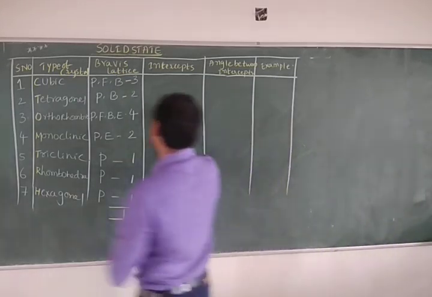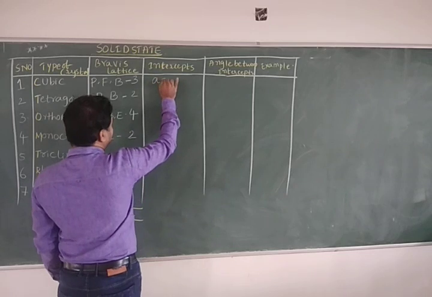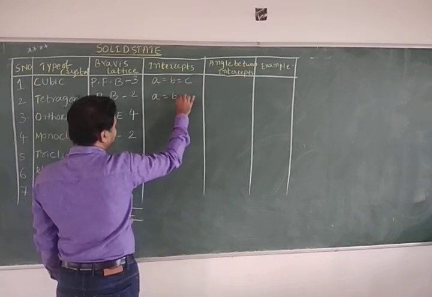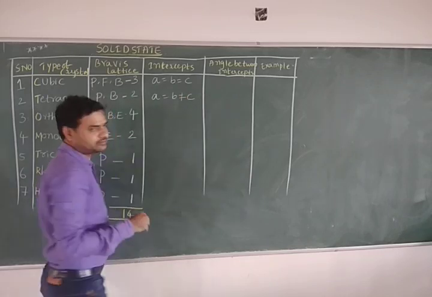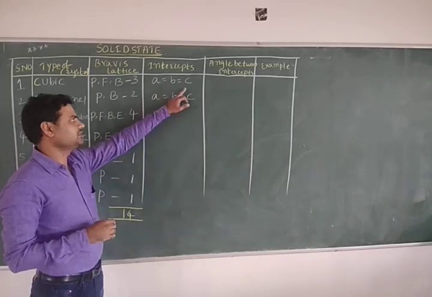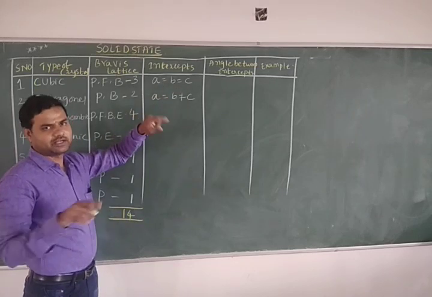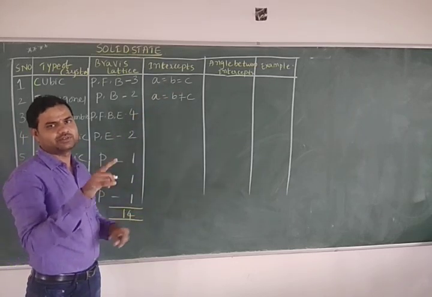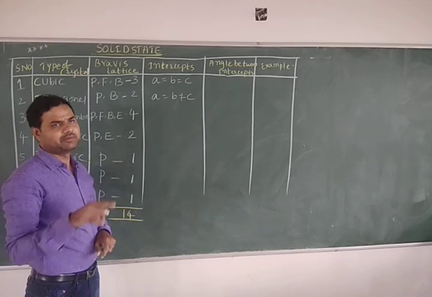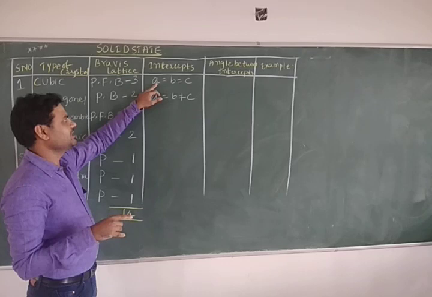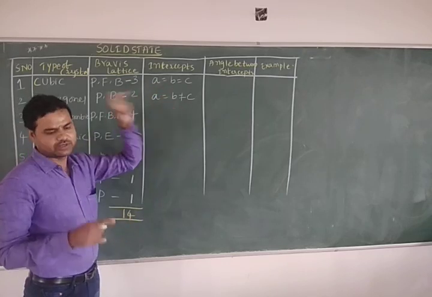You see that here the axes are A equal to B equal to C, and here we have again A. Remember like this: A equal to B not equal to C. First one, A equal to B equal to C, the three axes are the same. You know that in the crystal unit cell we have three axes A, B, C. The angles between the axes we take as alpha, beta, gamma. Here three axes are equal: A, B, C. A equal to B not equal to C. Is it clear to you?